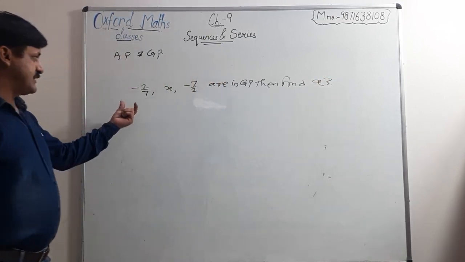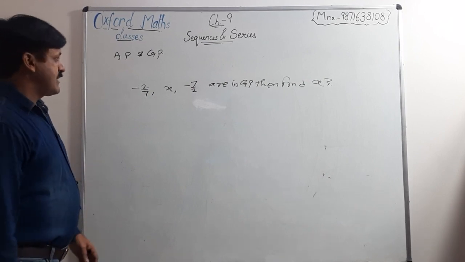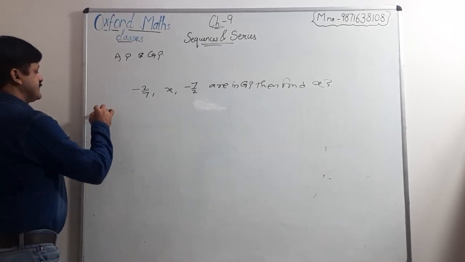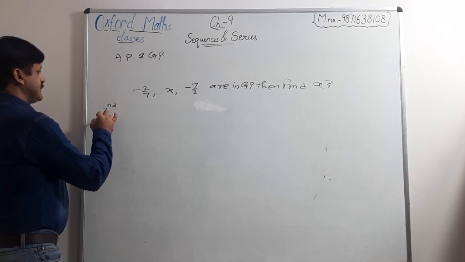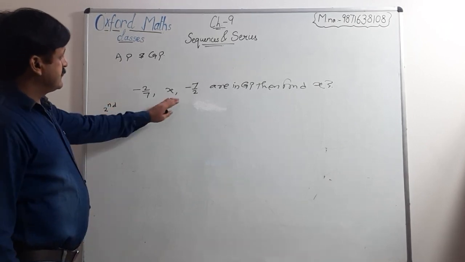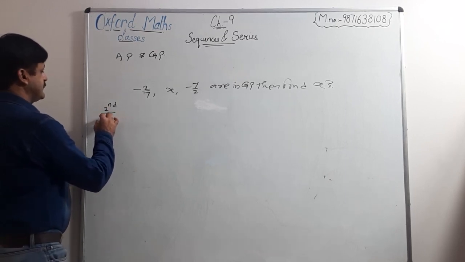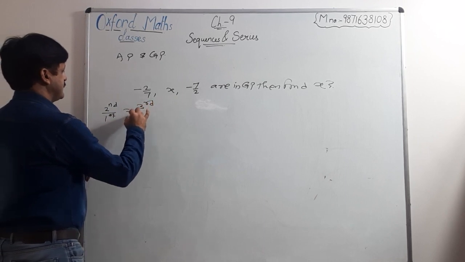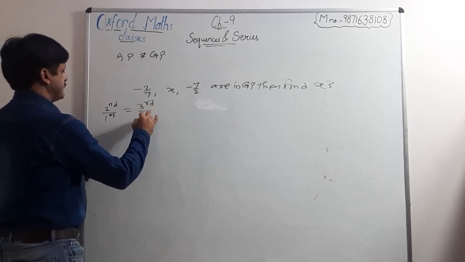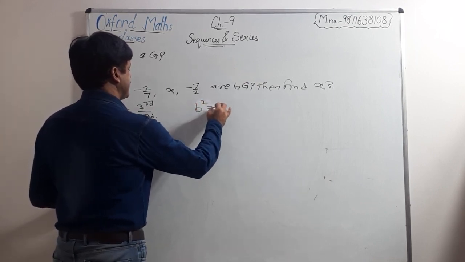You know that second term divided by first term is equal to third term divided by second term, or we say b square is equal to ac.